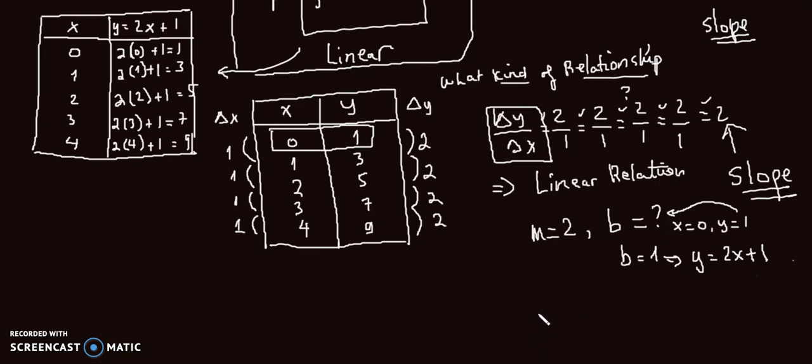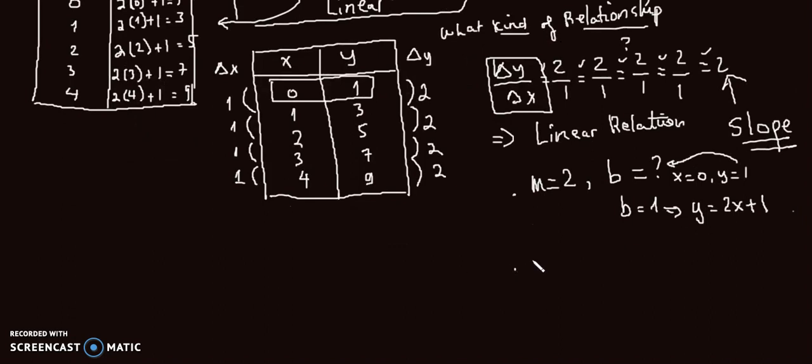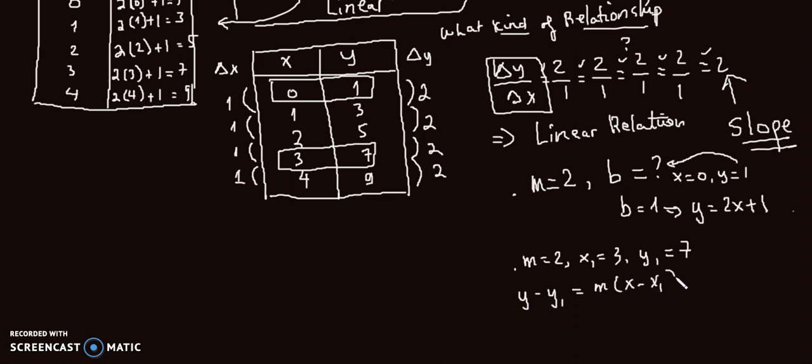Now, can I do it differently? Yes, of course. You're more than welcome to do it another way. Another way of doing this is to use point-slope form. You have the slope equal to 2 already, and you just choose one random pair. For example, I choose 3 and 7, so x1 equals 3, y1 equals 7. My point-slope equation would be y minus y1 equals m times x minus x1.